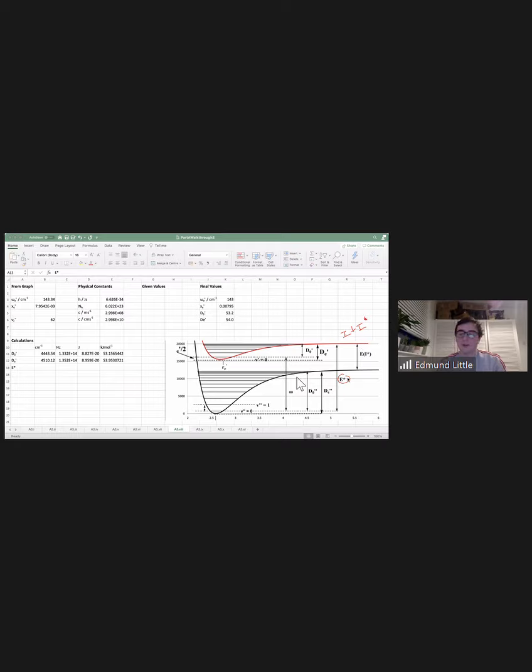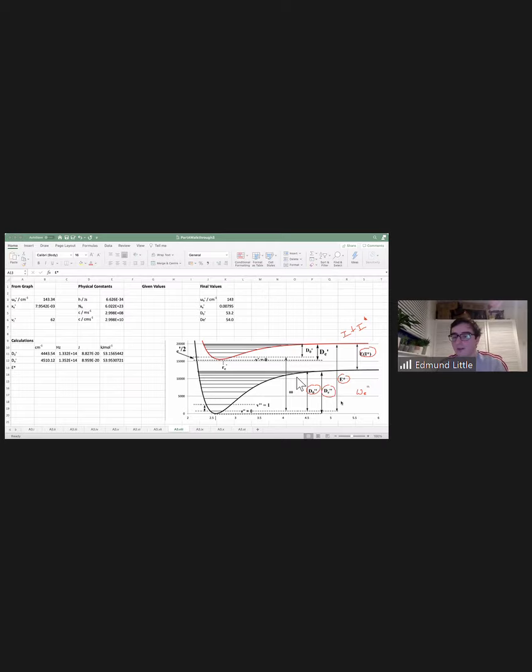But to do this, we can use parameters that we've been given. If you look in your table of parameters, you've been given EI star, and you've been given DE double prime, and you're also given omega E double prime, from which you can calculate D naught double prime.